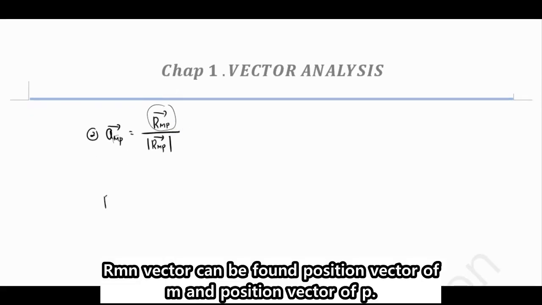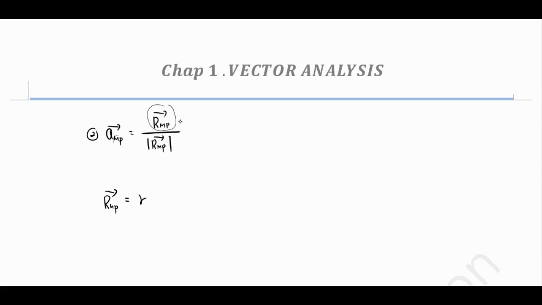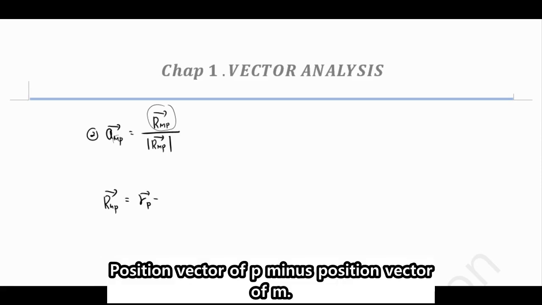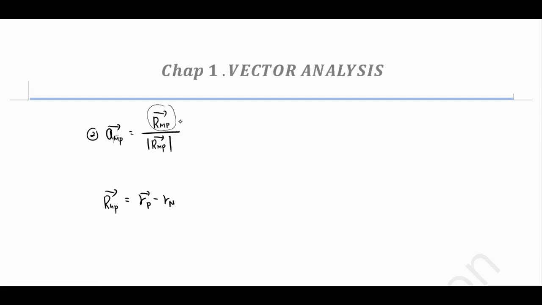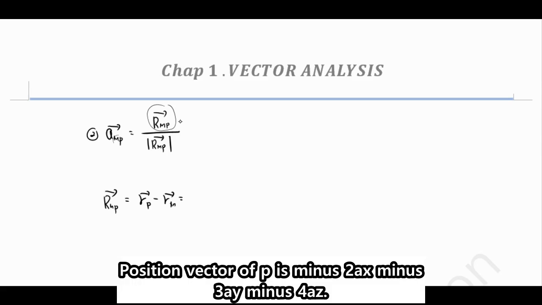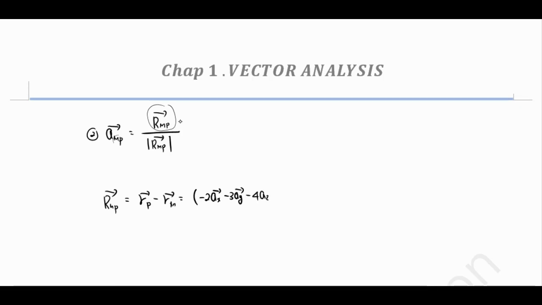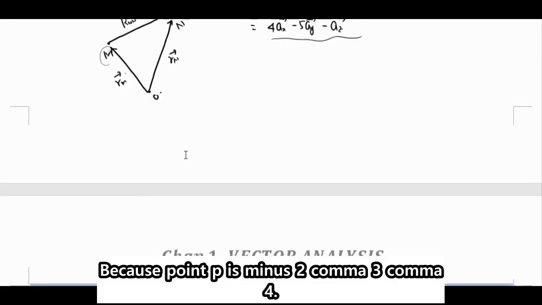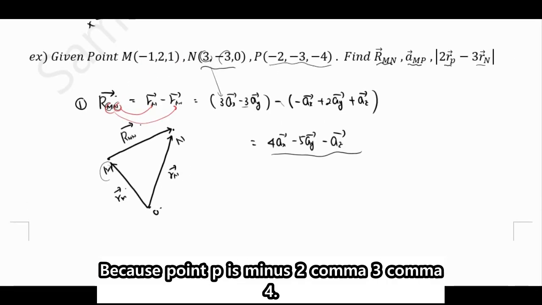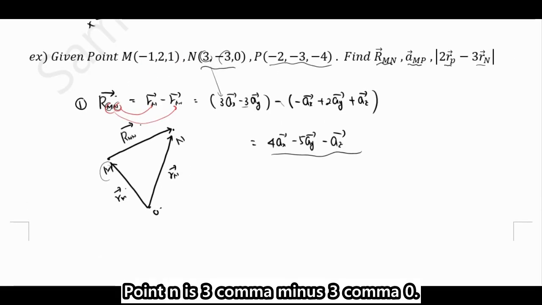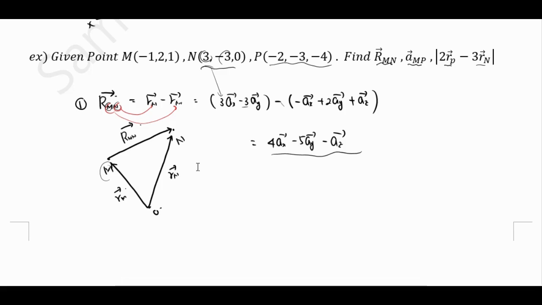RMP vector can be found from the position vector of M and the position vector of P: position vector of P minus position vector of M. The position vector of P is minus 2ax plus 3ay plus 4az, because point P is minus 2, 3, 4. Point N is 3, minus 3, 0.